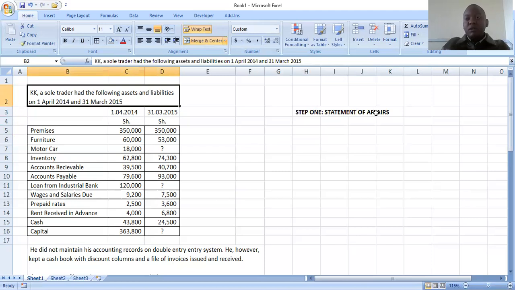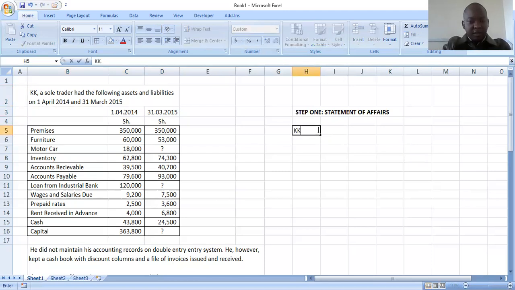So we prepare a statement of affairs, which is basically a list of assets and liabilities as at 1st April 2014.